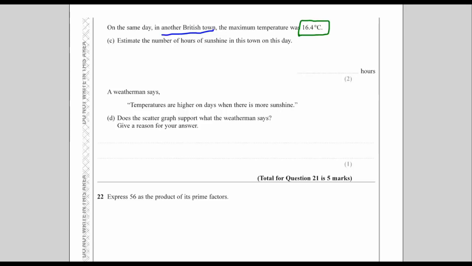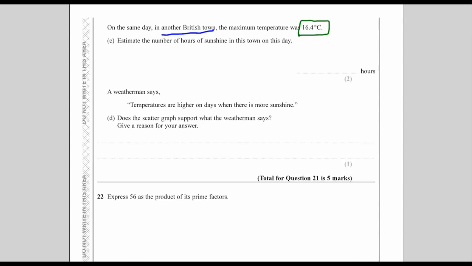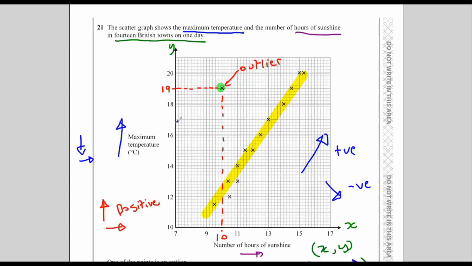So let's go back to our graph. 16.4 degrees C is the maximum temperature, and maximum temperature is at the side. So we need to mark on 16.4. So it's 5 squares to go up, so each one is 0.2. So 16.4 is 2 up.